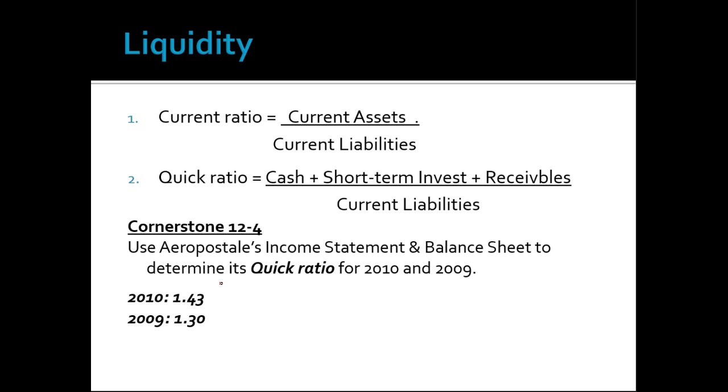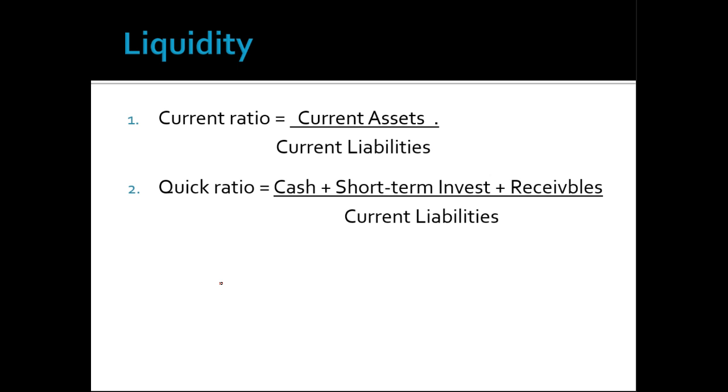Interestingly, it was 1.30. So, from 2009 to 2010, did Aeropostale's quick ratio get better or worse? It went up from 2009 to 2010, and when we're talking about a liquidity ratio, I'm pretty happy when it goes up. So on a quick ratio front, Aeropostale got a little bit better over the course of those 2 years.